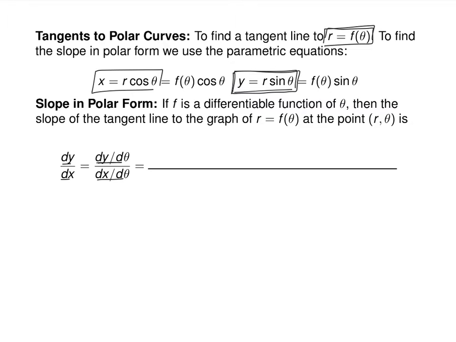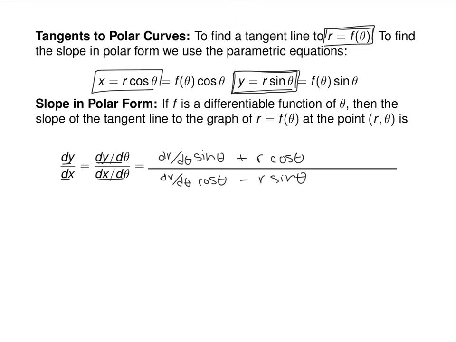So differentiate r first: this will be dr d theta times sine theta, plus leave the r alone and multiply by sine's derivative, which is cosine of theta. Similarly, dx d theta is dr d theta cosine theta, this time minus r sine theta, because cosine's derivative is negative sine.